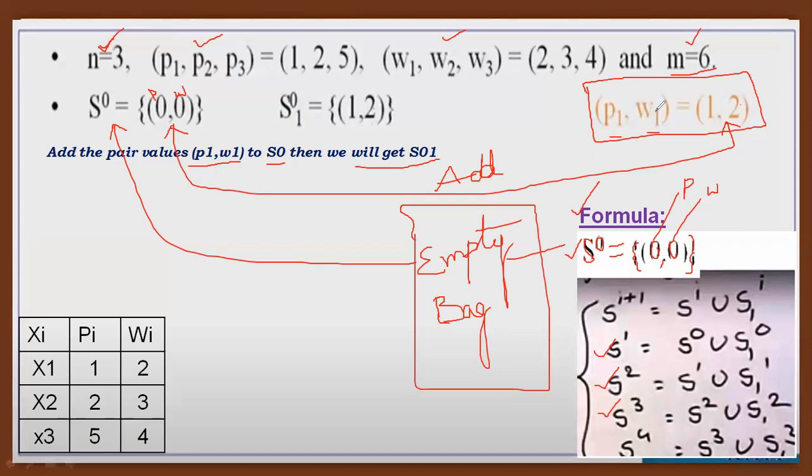Here P1 W1 is 1 comma 2, and you add it to S power 0. That means the pair 1 comma 2 is added with the pair 0 comma 0. So 0 plus 1 is 1, 0 plus 2 is 2. So you will get the value of S power 0 base 1.